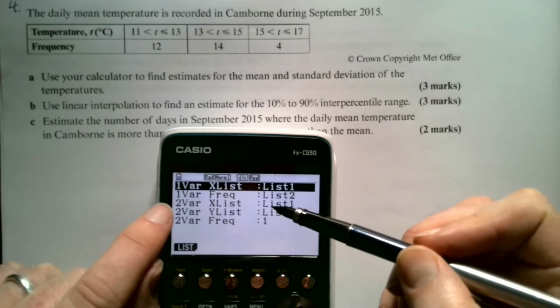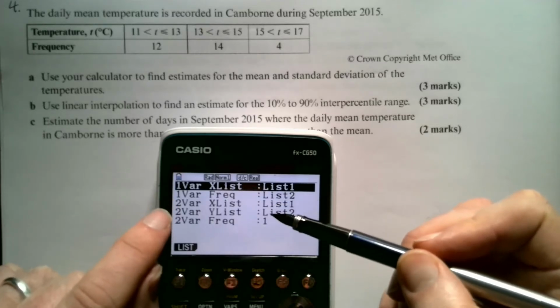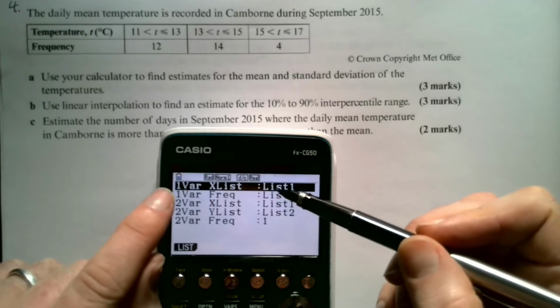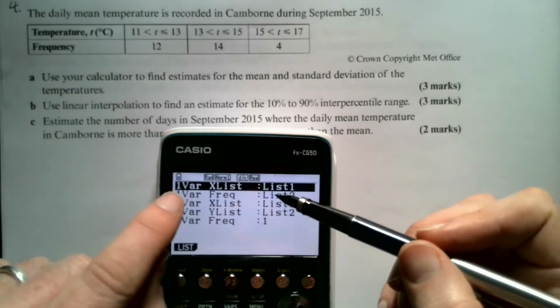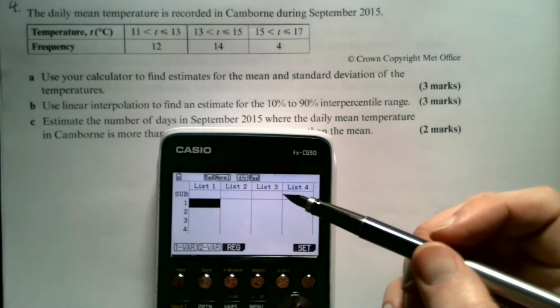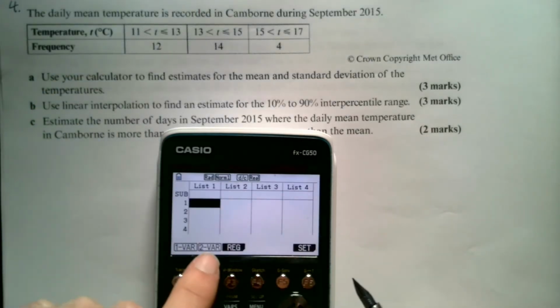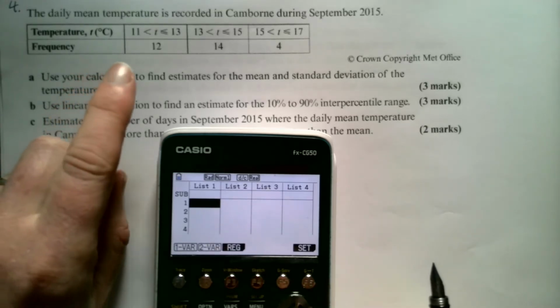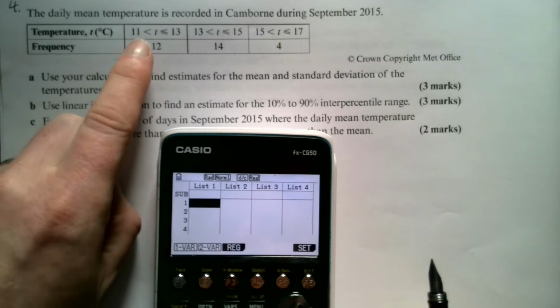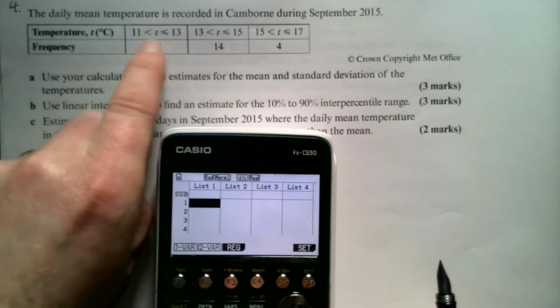The other one is two different lists, a list of your x's and a list of your y's. We want frequencies of things, so we're going to be using the 1-Var. It's very important to remember to use 1-Var and not 2-Var, or you will get the wrong answers. So list the actual numbers that we're going for.